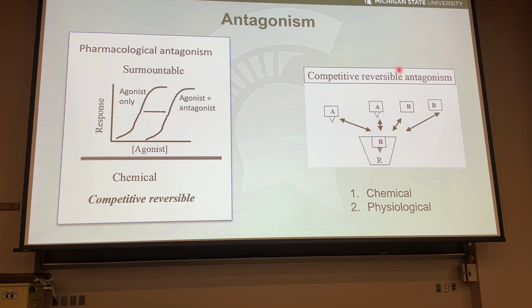Yes, please. So this is with competitive antagonists. Are there other types of antagonists that make the efficacy not surmountable? So other types of antagonists that make it not surmountable, absolutely. There's irreversible, there's non-competitive, there's uncompetitive. It's a whole thing with these guys.